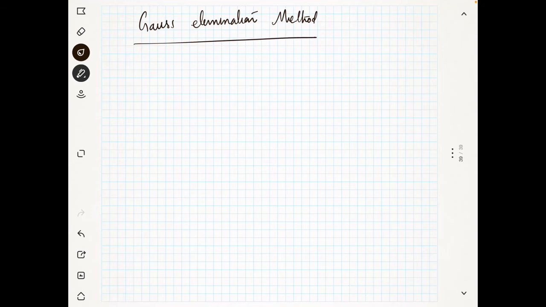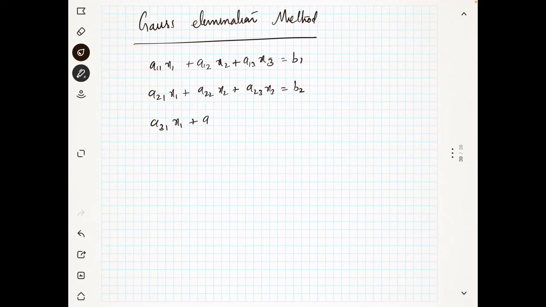let us consider a set of linear equations: a11 into x1 plus a12 into x2 plus a13 into x3 is equal to b1. Now a21 into x1 plus a22 into x2 plus a23 into x3 is equal to b2. Now a31 into x1 plus a32 into x2 plus a33 into x3 is equal to b3.